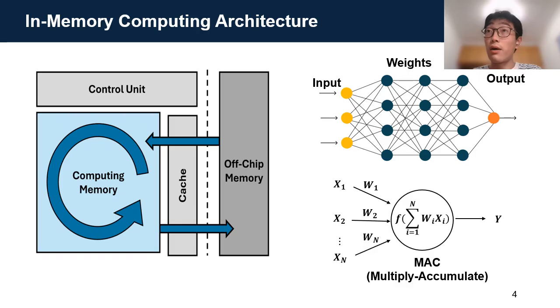The model weights are fixed after the model training, so they can be stored in on-chip memory. With minimum data transfer with off-chip memory, it can perform computationally intensive MAC operation, which substantially improves the energy efficiency and throughput.